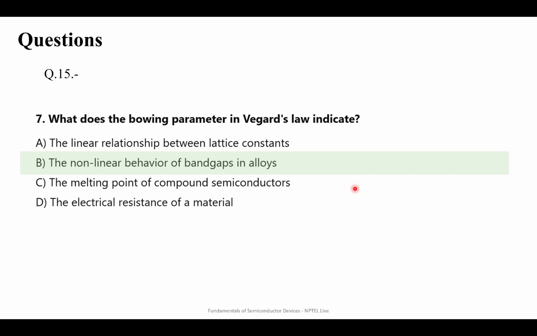But this is also correct, sir. This is not a true or false question. Sir, if a multiple select answer is there, then this is also correct. If I am asking a true or false question, then option A is true, that there is a linear relationship between lattice constants. But I am asking what the bowing parameter is. Okay.